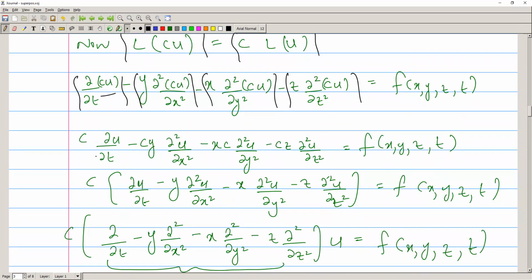Now we can see that we can move this C out of the derivative because it is constant. So for every derivative, we'll move it out, like this. So we'll get this form.